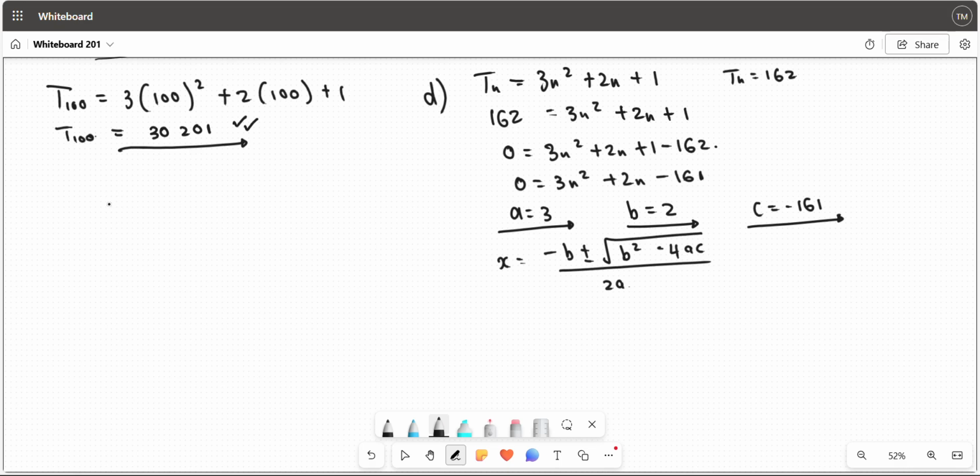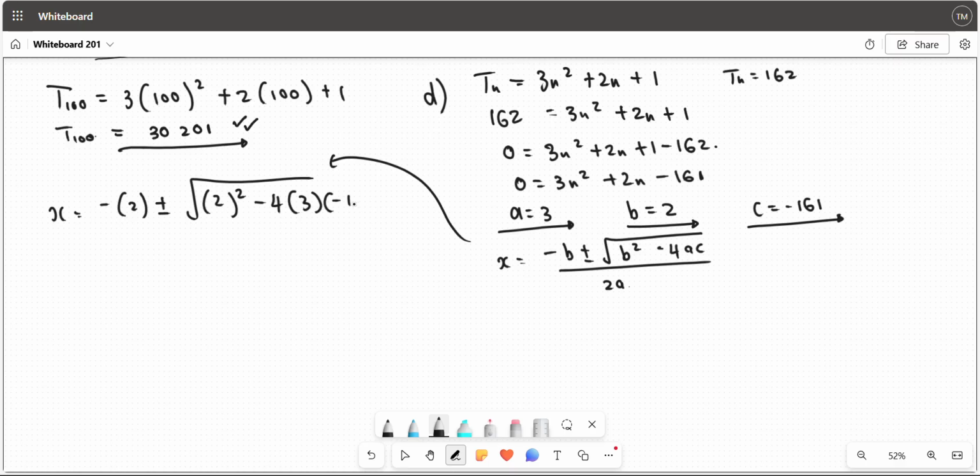I'm just going to substitute this side, hope you can follow. X is equal to negative 2 plus or minus the root of 2 squared minus 4 times 3 times negative 161, all divided by 2 times 3. And if we plug this into our calculator, we should get 2 x values.